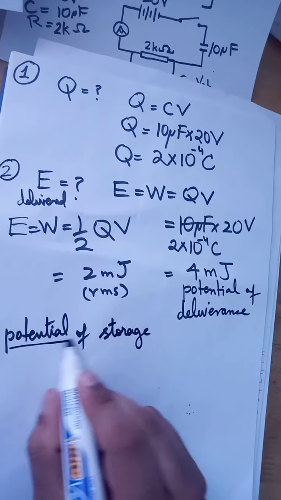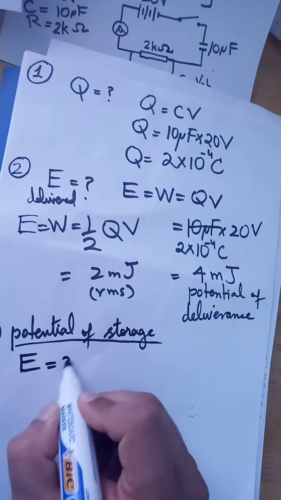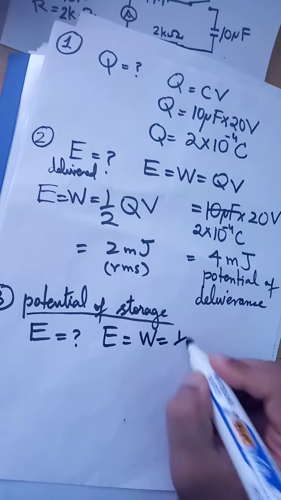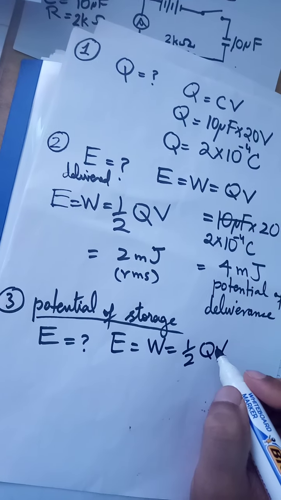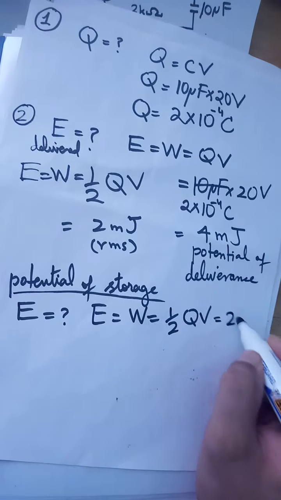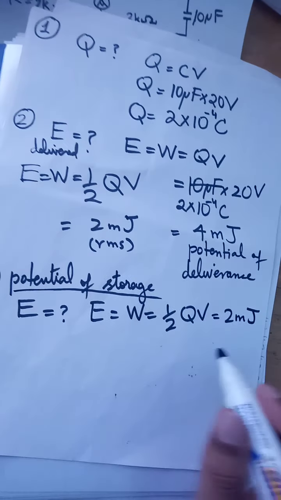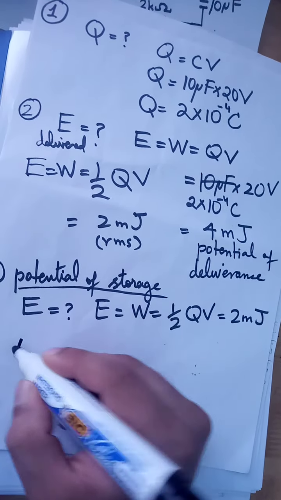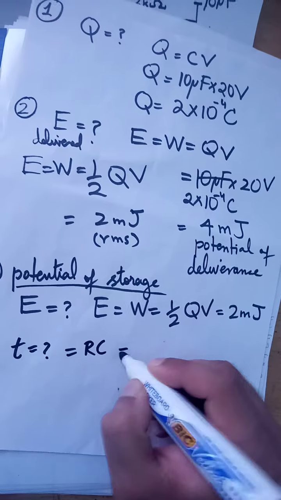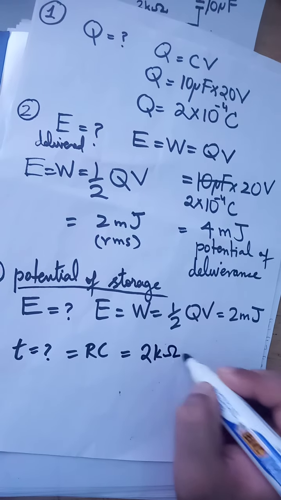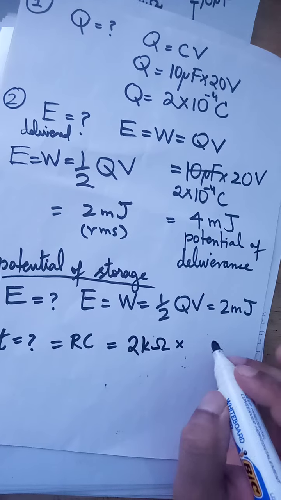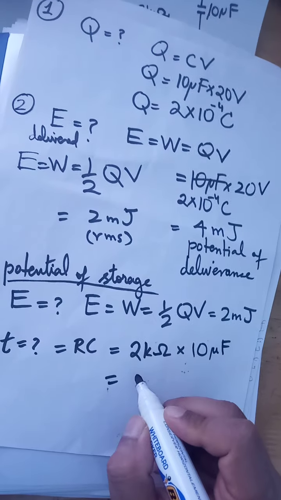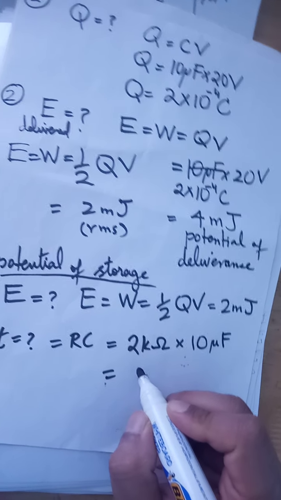The potential of storage should be 2 millijoules, as I said earlier. And now I want you to calculate the time constant. Time constant would be 2 kilo ohms times the capacity 10 microfarads. That should be 20 milliseconds.